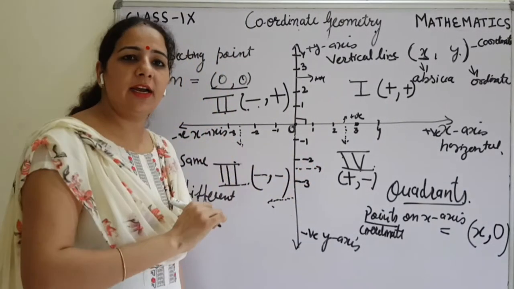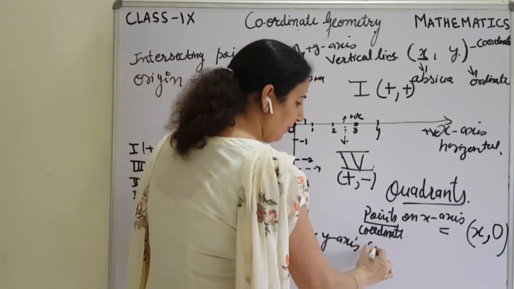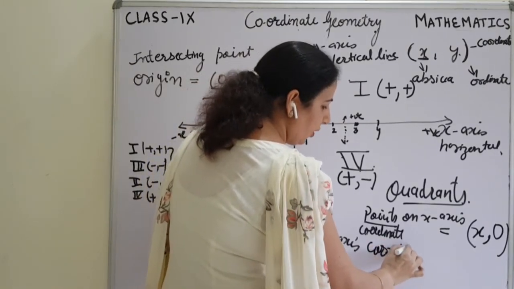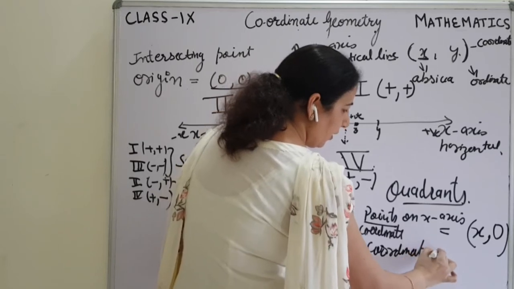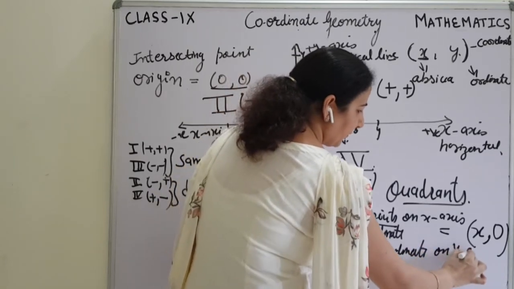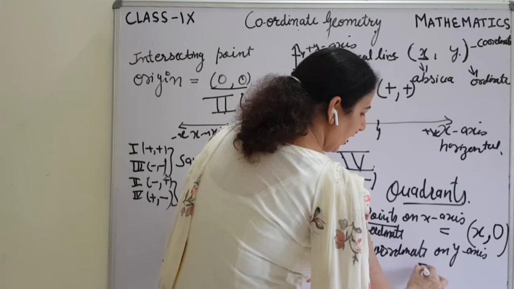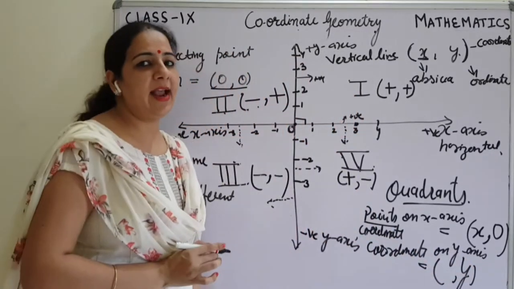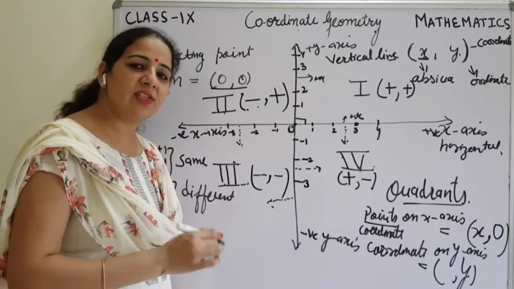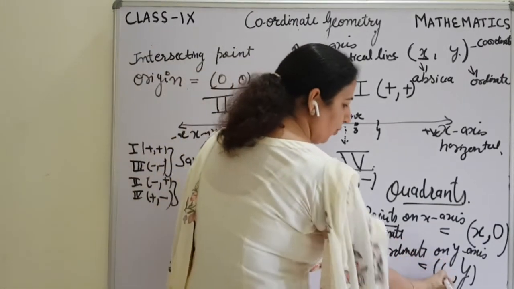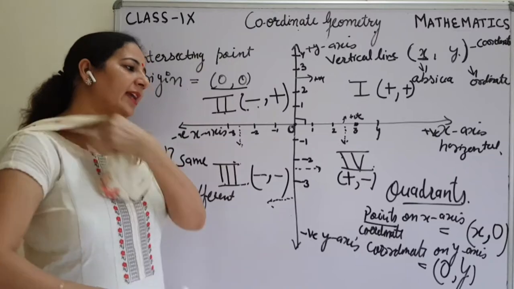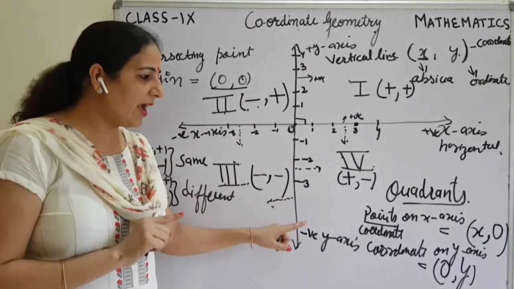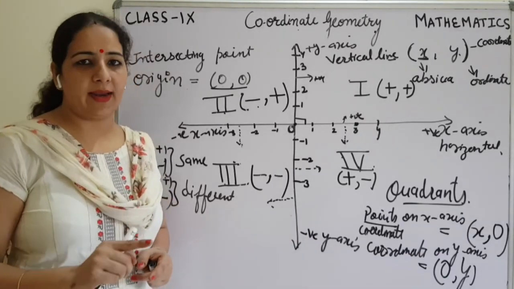If this point is clear to you, then easily you can tell me the coordinates on the y-axis. Y is there, x is not there. So x is not there means x is 0. So the points on the x-axis are (x, 0), and the points on the y-axis are (0, y).